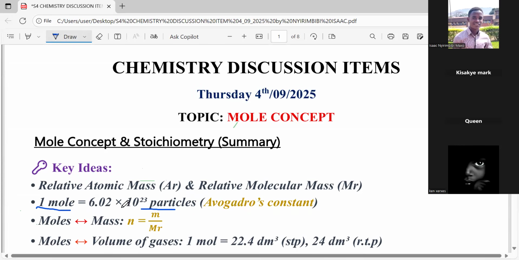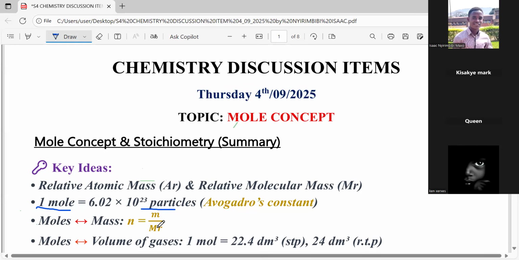We know very well that this value, 6.02 times 10 to the power 23, is Avogadro's constant, and we normally use it when relating moles to particles, moles to mass, particles to mass. So we shall be looking at an item which has that particular concept. We also look at the conversion of moles to mass or mass to moles.